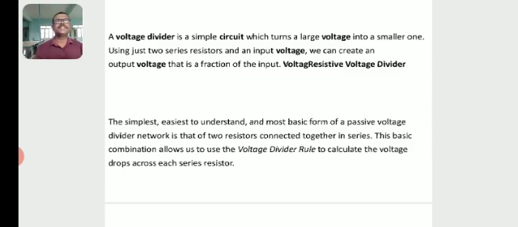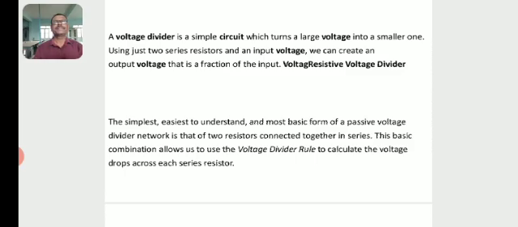The simplest, easiest to understand and most basic form of a passive voltage divider network is that of two resistors connected together in series. This basic combination allows us to use the voltage divider rule to calculate the voltage drop across each series resistor.